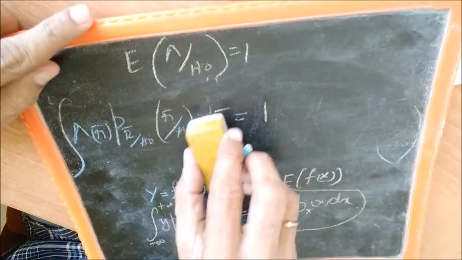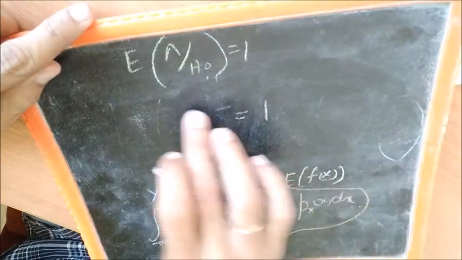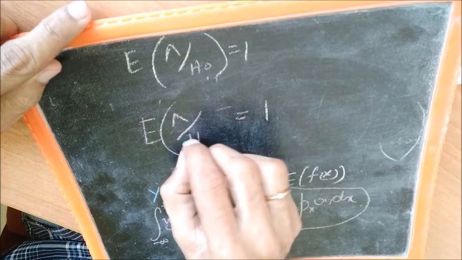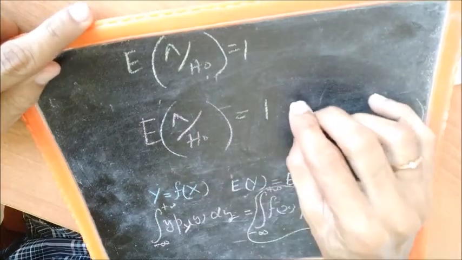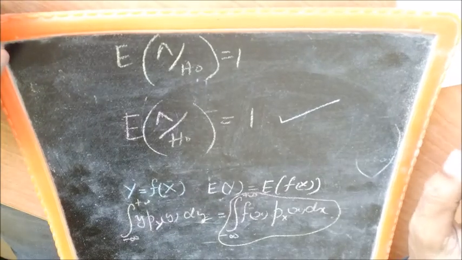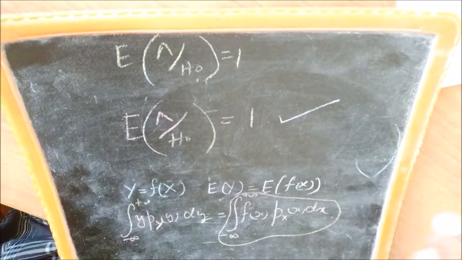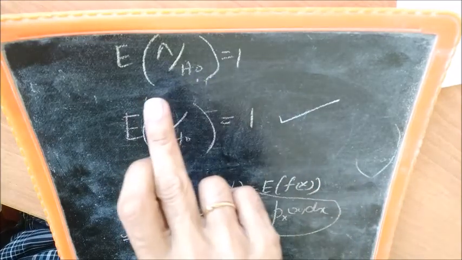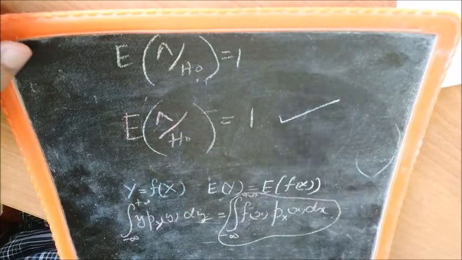This becomes the expected value of the likelihood ratio given H0, and that completes our solution to the second bit, that is bit B of the problem, where we were asked to show that this is equal to 1.